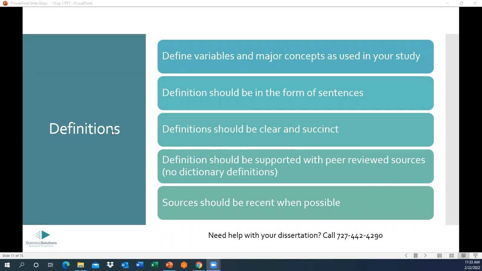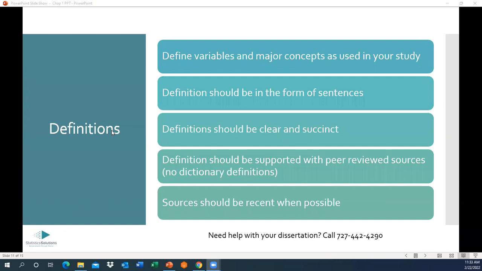They should be supported with peer-reviewed sources. Absolutely no dictionary definitions, because these are not general definitions, right? They are definitions specific to your study, and they should be specific to the research literature. Sources should be recent when possible.